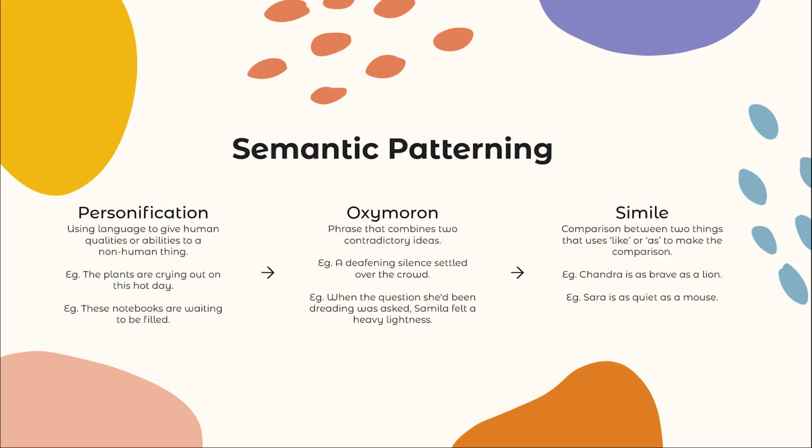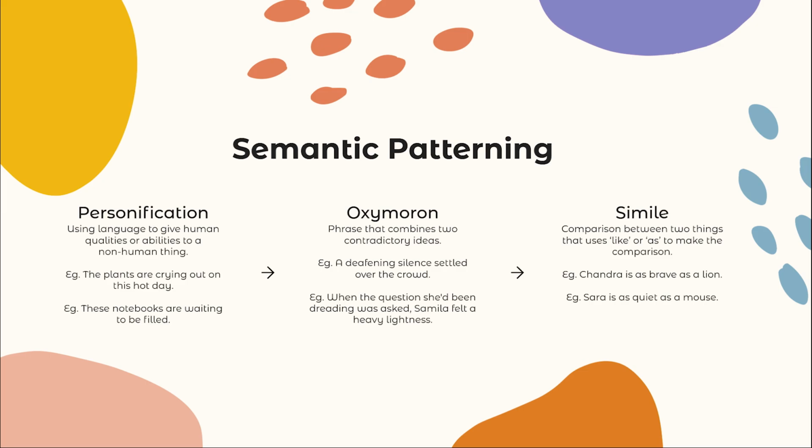Simile's feeling of a heavy lightness is heavy because it's the question she's been dreading, but it's also a light feeling because it's a question that she's prepared for already. And so here, this oxymoron allows us, through these contradictory ideas, to present two key emotions that one person is feeling at the same time, and highlight the fact that Simile is feeling not great, but also great about this interview question at the same time.